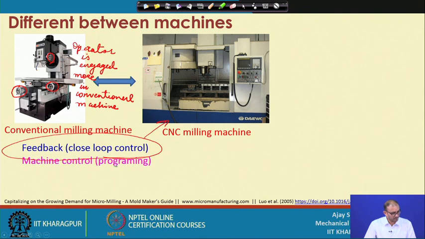Then machine control, that is programming, because in conventional machining we do not do any type of programming, that means movement of the axis purely depends on the operator or the machine specification, the way you can engage the automatic feed and automated movement, but that is not that precise compared to the CNC machine.